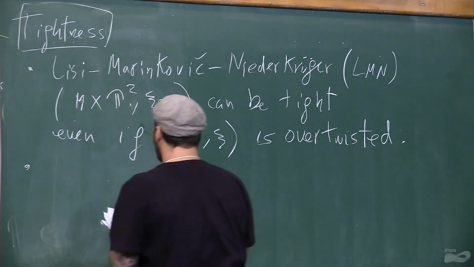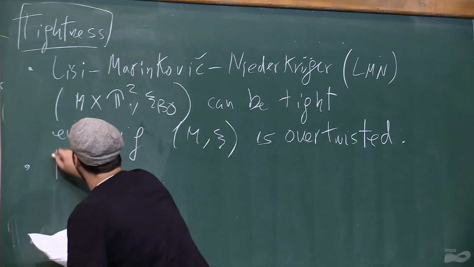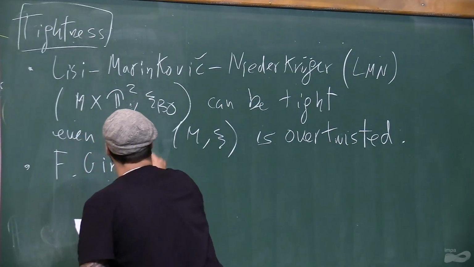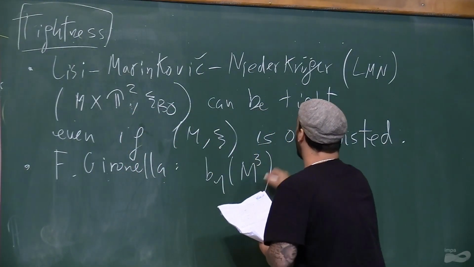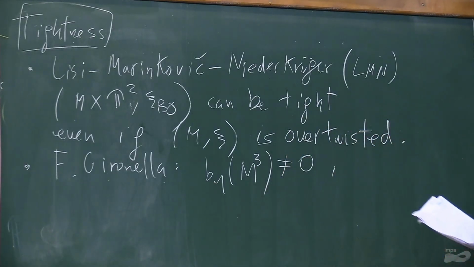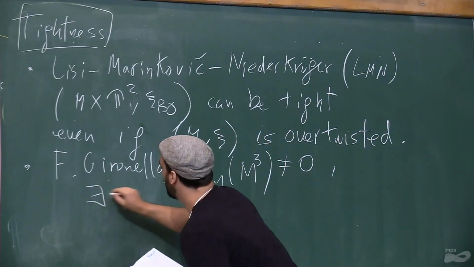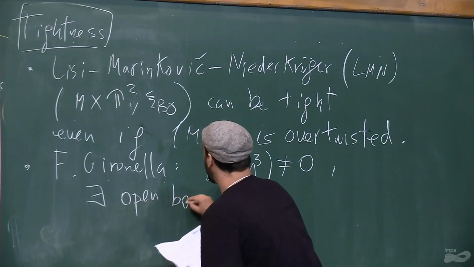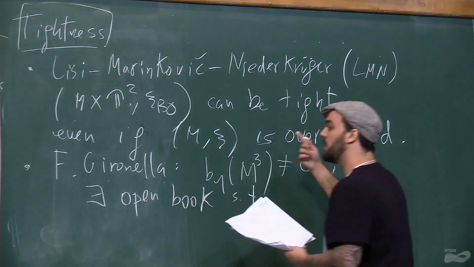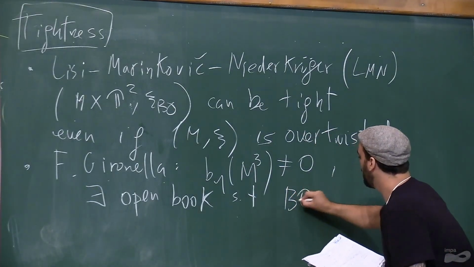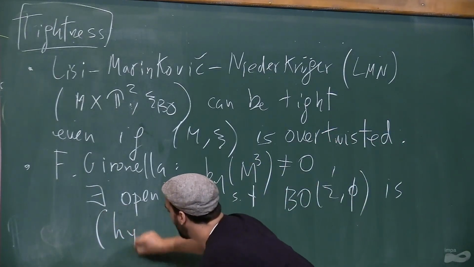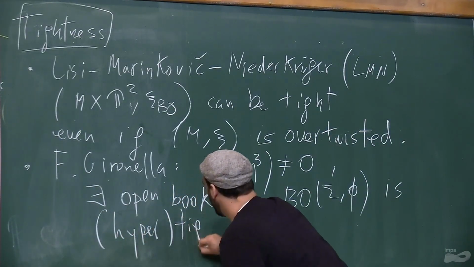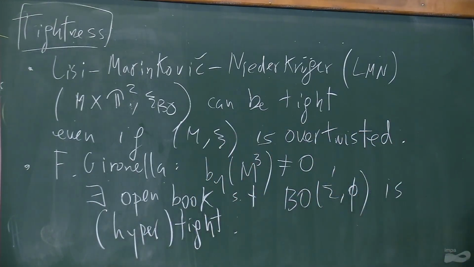Another result in this direction, in dimension 3, by Fabio, basically says if the first Betti number of your 3-manifold is non-zero, then there exists some open book such that the associated Bourgeois manifold is actually hypertight, which implies tight by work of Hofer and Albers in higher dimensions.